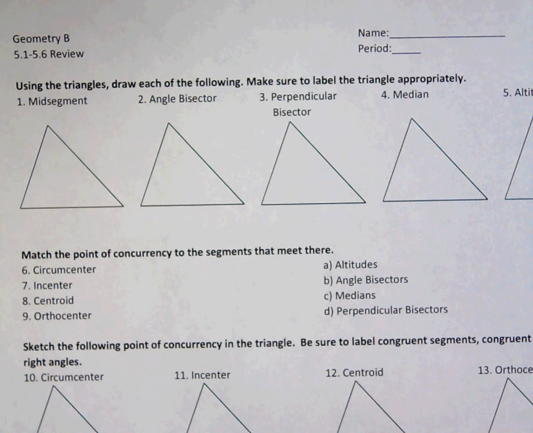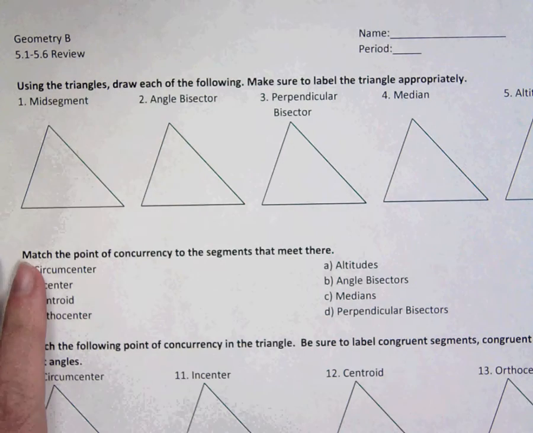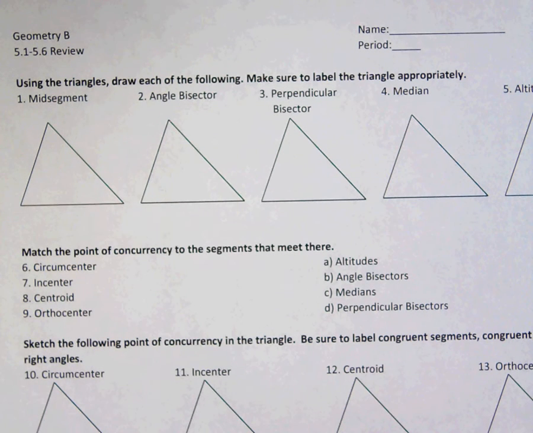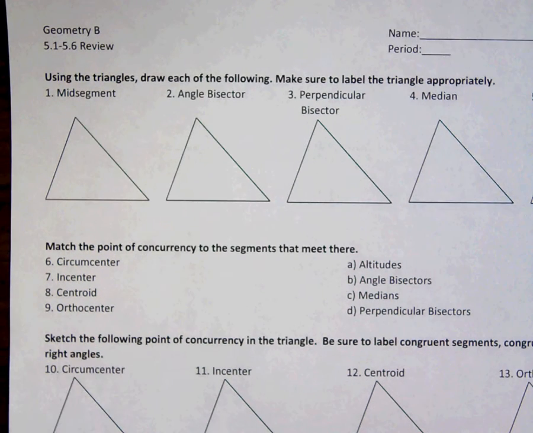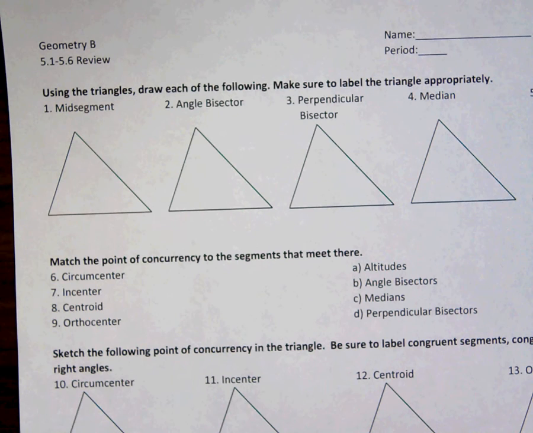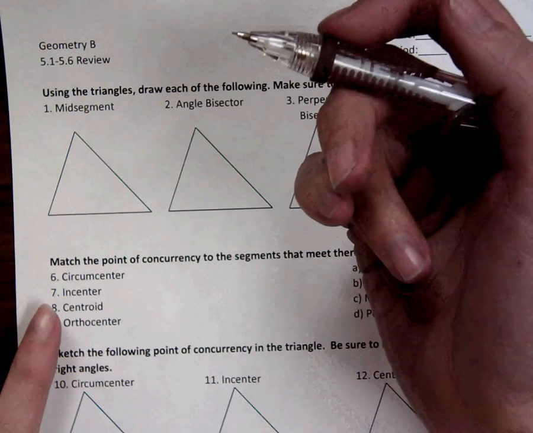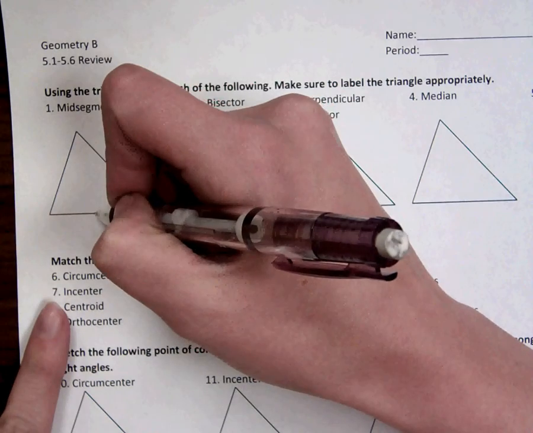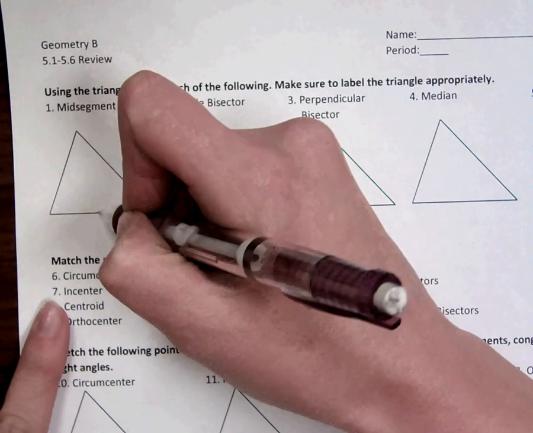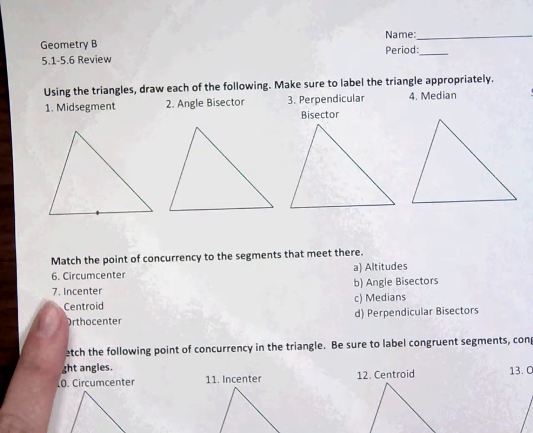So for example, for number one, the midsegment, a midsegment is connecting the midpoints of two sides of a triangle. So I need to actually show that I know what a midpoint is. We're not going to get out a ruler for this. We're just going to use our best judgment to find the midpoints. So for example, if I wanted to find the midpoint of this side right here, I might say it's about there, and that's a midpoint.